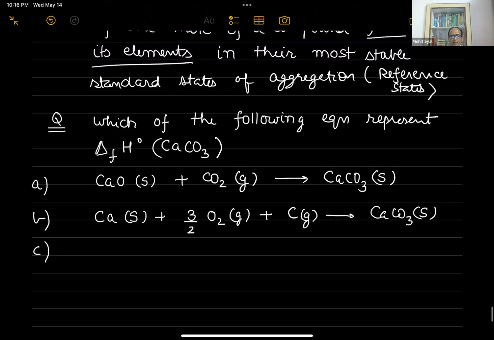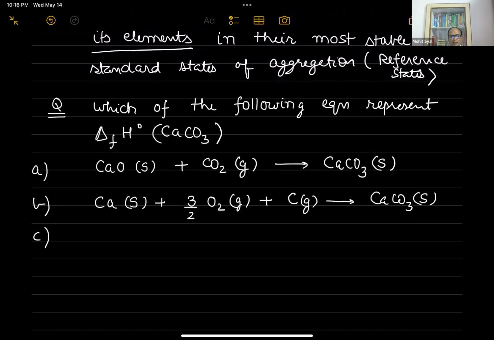We are writing a balanced equation which is actually resulting in the formation of CaCO3. Are you getting my point or not? Yes, sir. The equations are balanced.